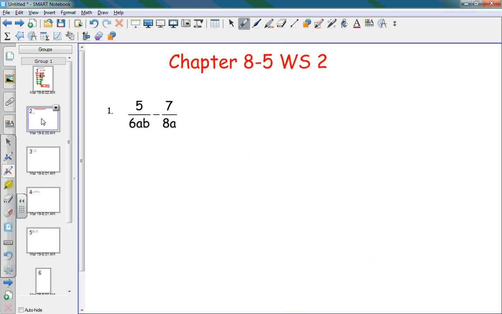So number 1 on tonight's worksheet, I give you two fractions, 5 over 6ab minus 7 over 8a. Now, I need these two fractions to get engaged. So how do I go about doing that? I need to find the LCD.